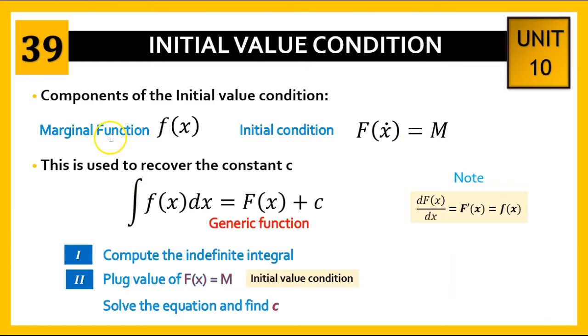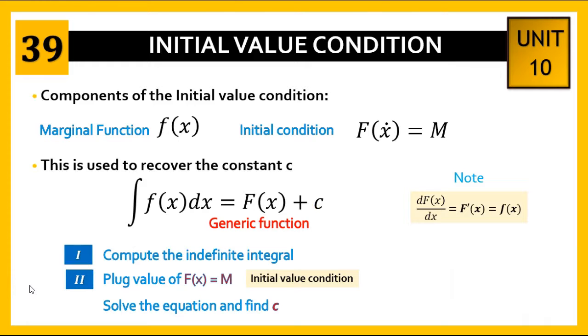Having the marginal function and the initial condition allows us to obtain the specific original function and the particular value that the constant c takes.